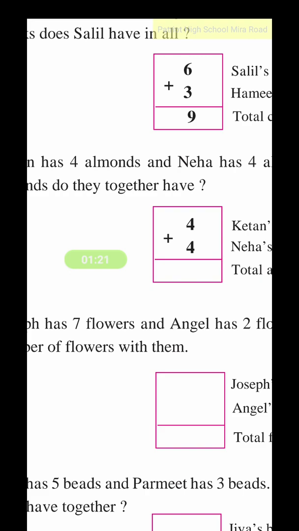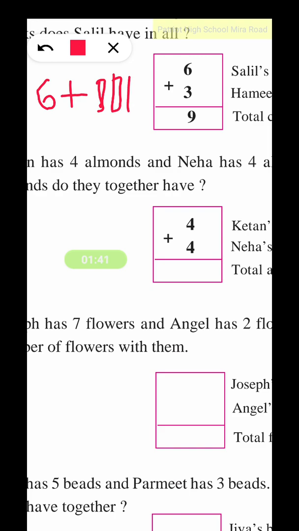We can do it in a better way. What better way? We know that Salil already has 6 chalks, so we will not draw chalks for Salil. Hamid gave him 3 more chalks, so we will draw 3 chalks. 1, 2, 3. Salil's chalks 6, Hamid's chalks 3.